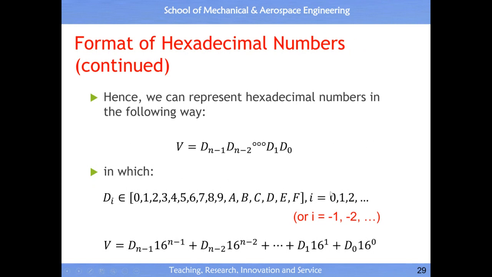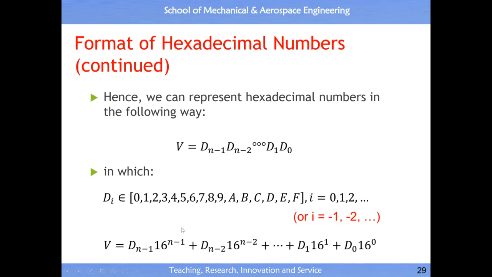Then for the position i, if the digit is on the left-hand side of the decimal point, it is positive. If the digit is on the right-hand side of the decimal point, then i is equal to a negative value. There's a decimal point here. For this case, the value should be equal to the sum of the value of each digit, and the value of each digit is equal to the value of the digit itself times the value of the digit's position.